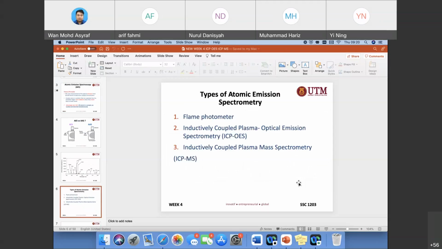All right, so there are three types of atomic emission spectroscopy. We have been looking into the flame photometer, and the second one is the ICP-OES, optical emission spectroscopy. And then we have also been looking into plasma mass spectrometry.